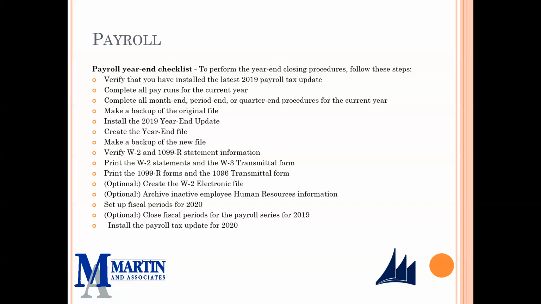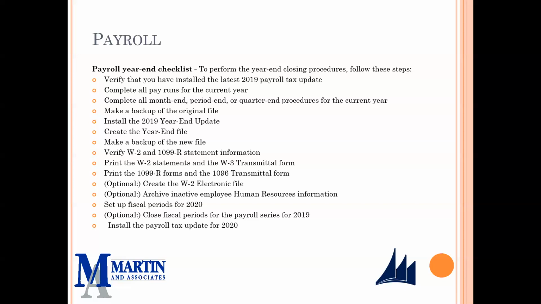Okay, so after you've installed the year-end update and essentially upgraded your GP, you will create your payroll year-end file, and then verify your W-2 and 1099-R information. Print your W-2s if you want, and make sure those are correct.